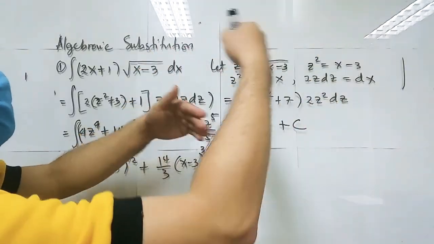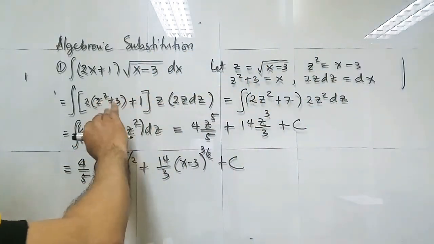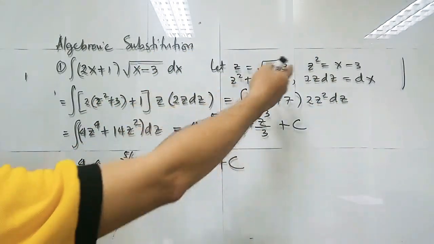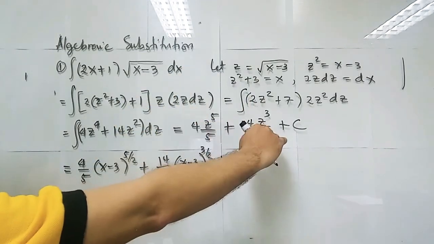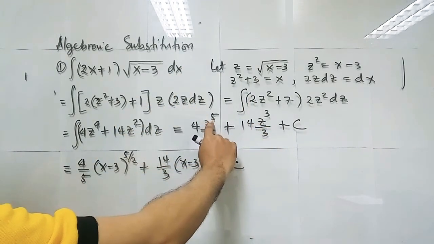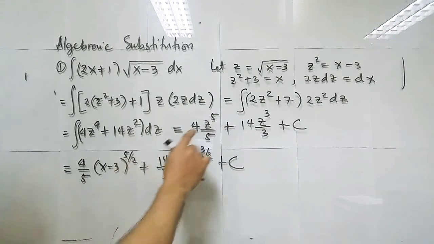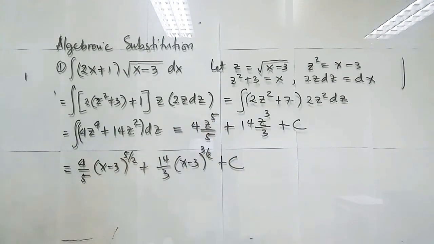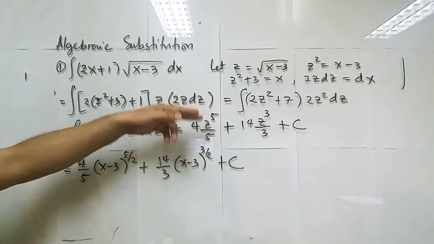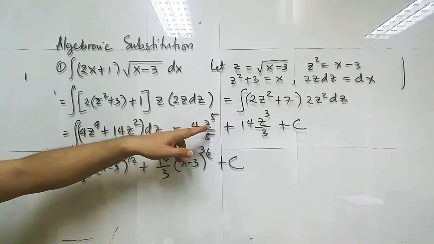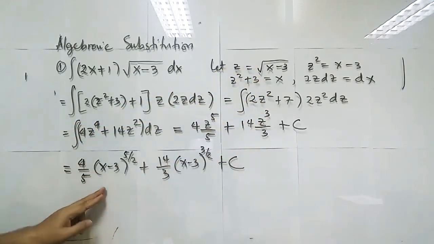So everything you have to substitute in terms of x, substitute it to z. And then after we integrate this one, we will go back to x. So instead of writing z, we will again substitute back from z to x. So this will be our final answer.